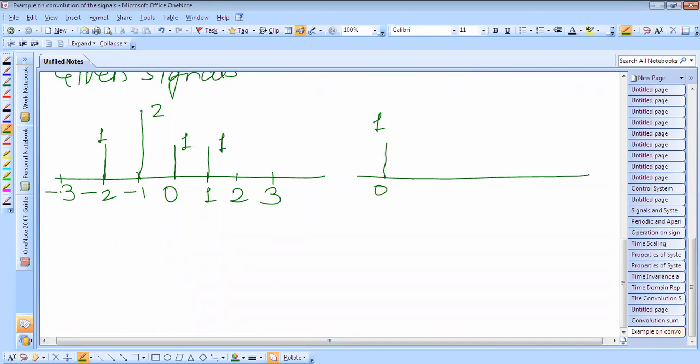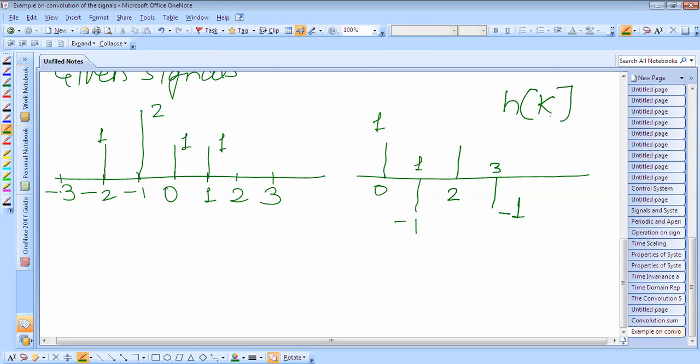For 0 it is 1, for 1 it is -1, for 2 it is 1, and for 3 it is again -1. So this is h of k, the impulse response h of k.